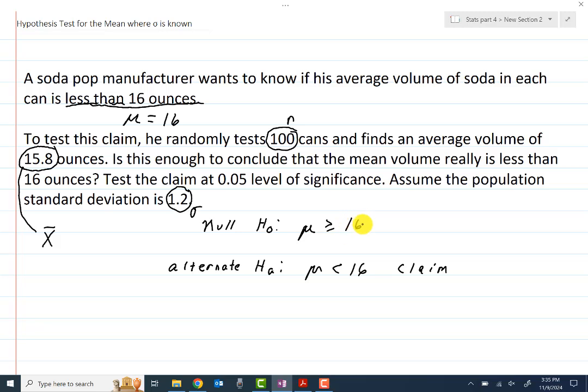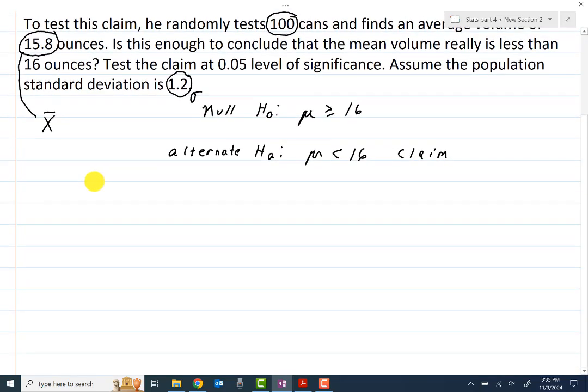Then what we do is we draw a picture. Here I'm going to put the proposed mean in the center. This arrow is pointing to the left, indicating less than. And notice our sample, in fact, is over here somewhere, 15.8.